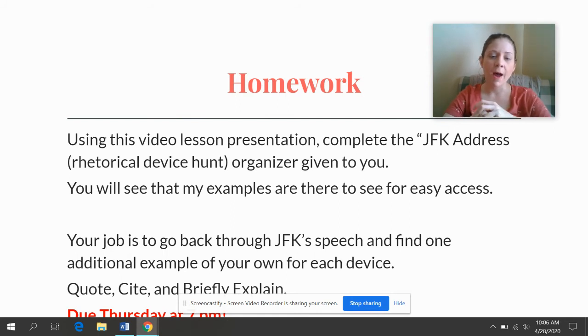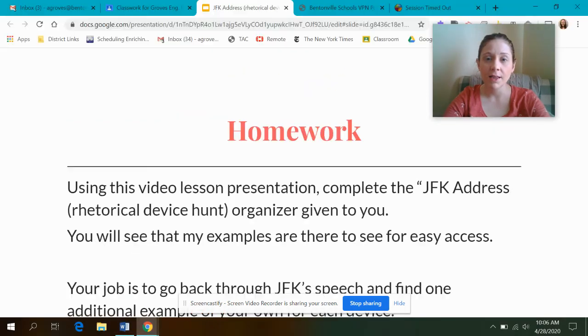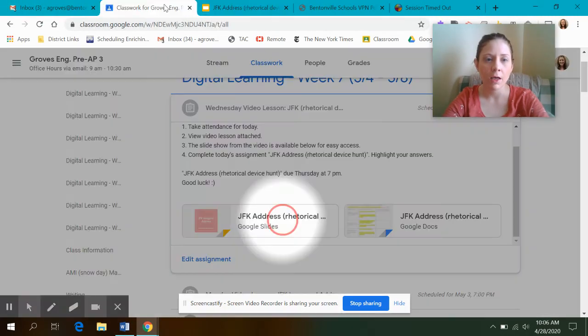Your job is to go back through JFK's speech and find one additional example of your own for each device. Quote it, cite it, say which paragraph it came from, and briefly explain it. One quick sentence explaining how it shows that device. And this is due Thursday at 7 p.m. So let's go ahead and look at the assignment together before I go.